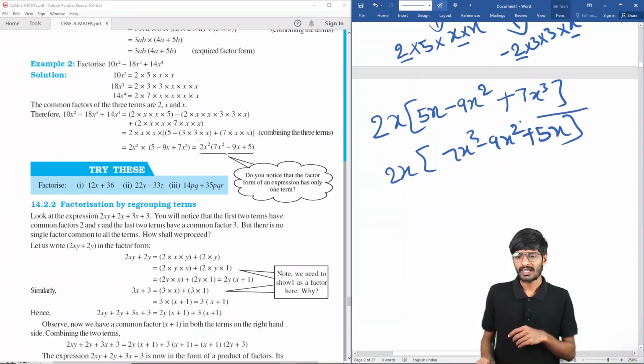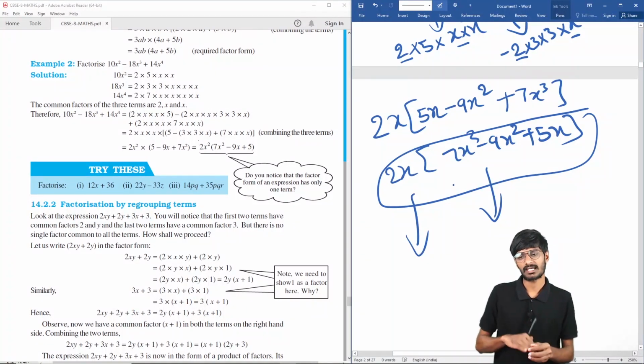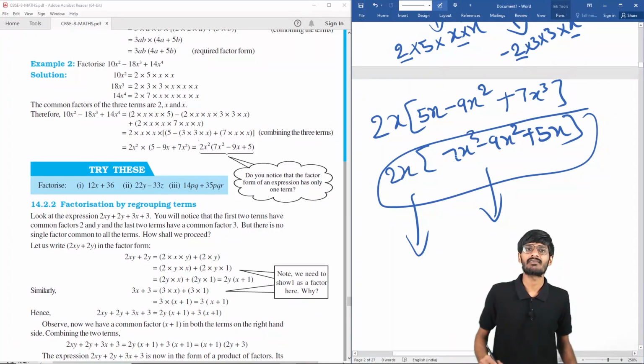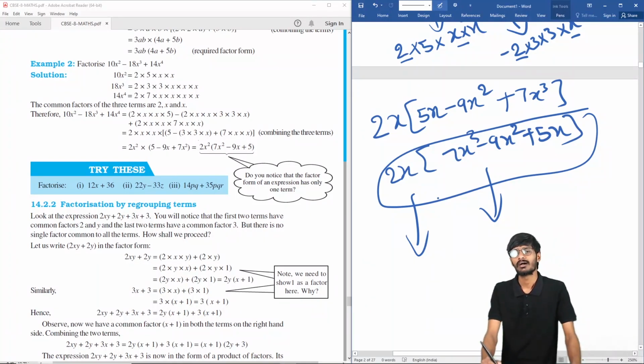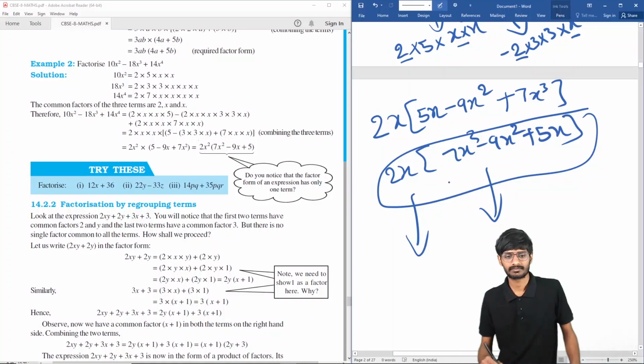So we can say it has 2 factors: one is 2x, and the other is 7x square minus 9x plus 5. This is the way of doing problems for finding the factors of an algebraic expression. Okay, students, if they are written as a product of factors, then we can easily find them.